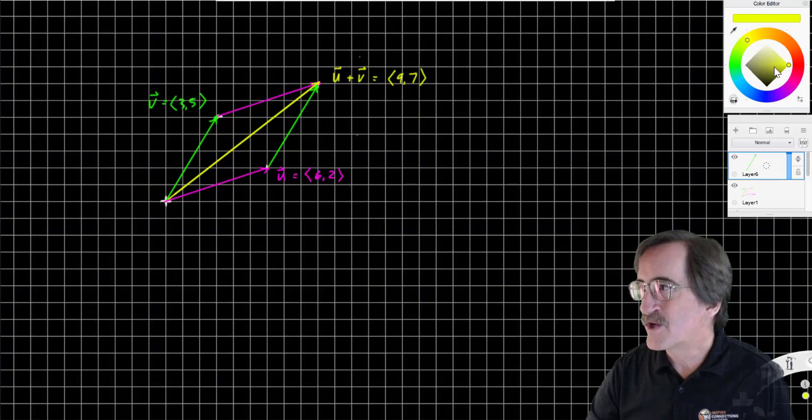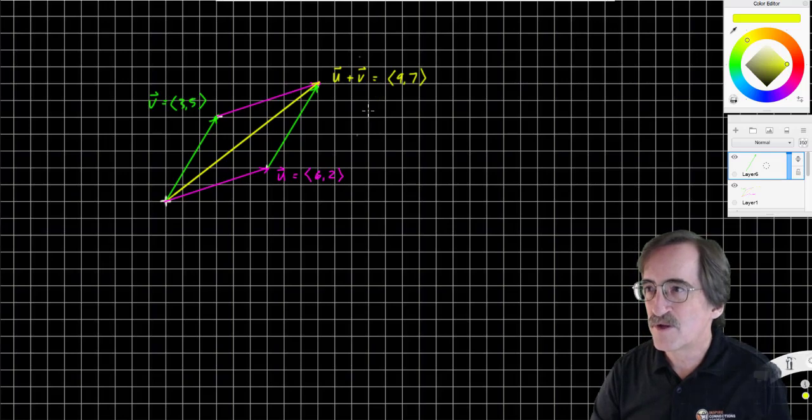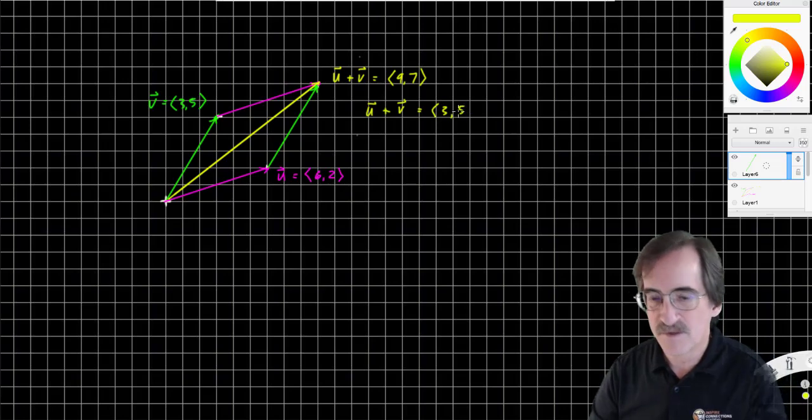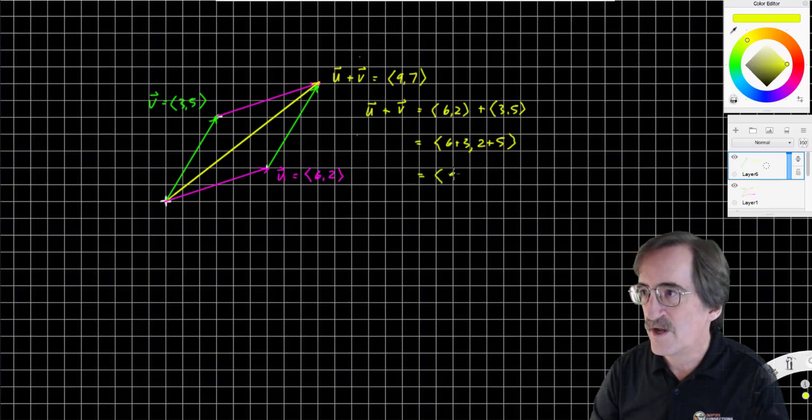All right, what I want to address next is the arithmetic, and that is that u plus v really amounts to adding components. 6, 2 plus 3, 5 is really 6 plus 3, comma 2 plus 5, or 9, 7.